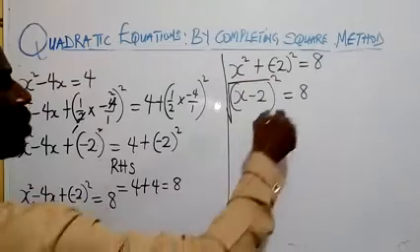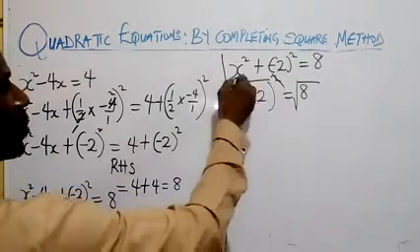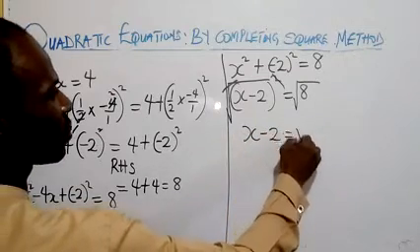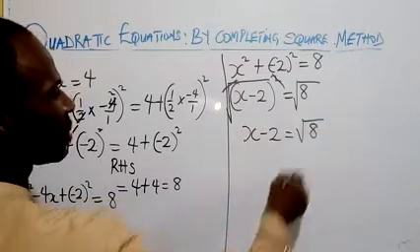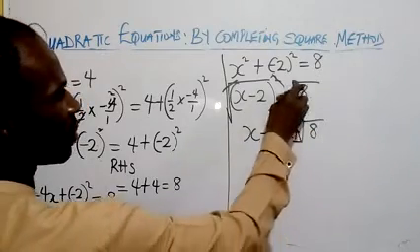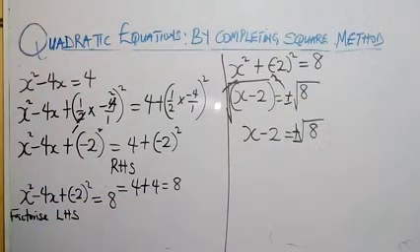Square root of this, square root of this, where this cancels this, we have x minus 2 equals square root of 8. Don't forget plus or minus. Don't forget the value of this is always positive or negative.